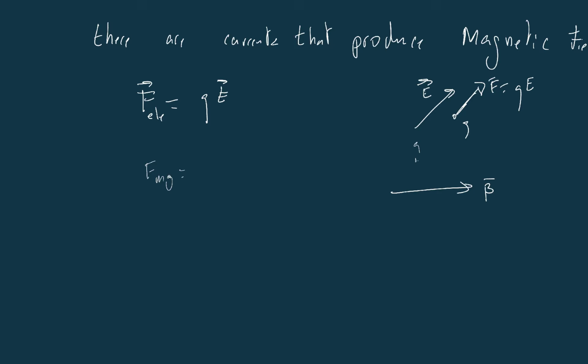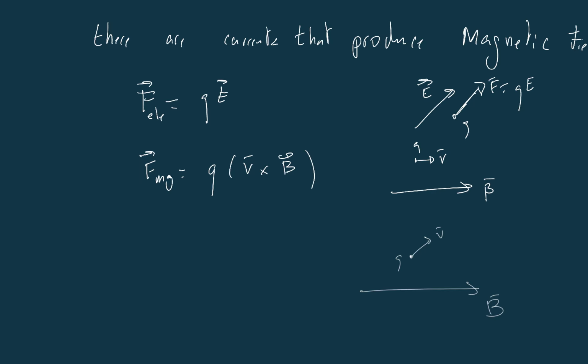And if the charge moves in the same direction as the magnetic field, the charge will not be subject to any magnetic force, because the magnetic force is Q V cross B. So to observe the force produced by a magnetic field, you need the charge Q to move in some direction that is not parallel to the magnetic field, in a way that there will be a force.